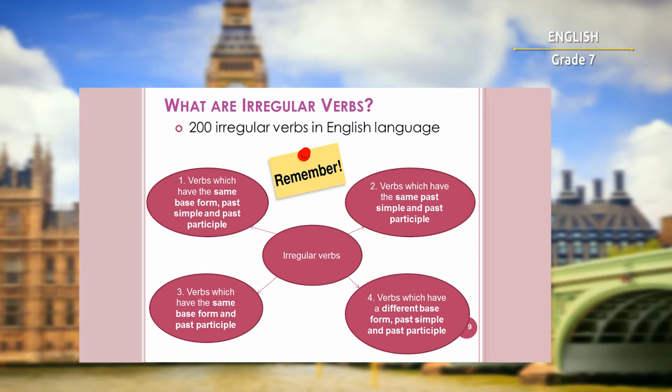And the second group is about verbs which have the same past simple and past participle. The third group is about verbs which have the same base form and past participle. And the last one is about verbs which have a different base form, past simple and past participle.